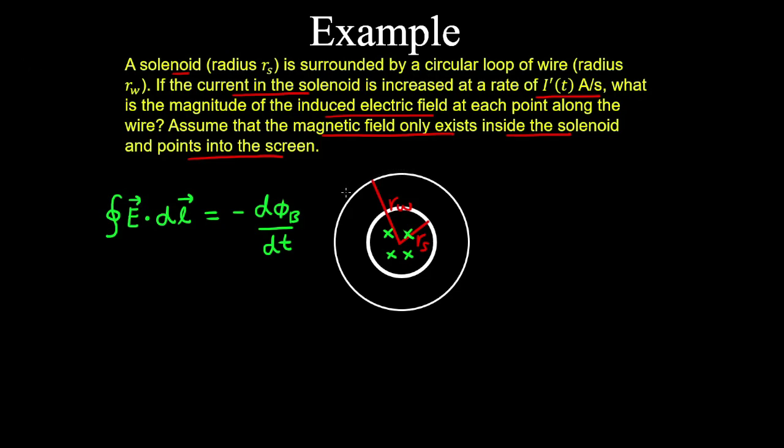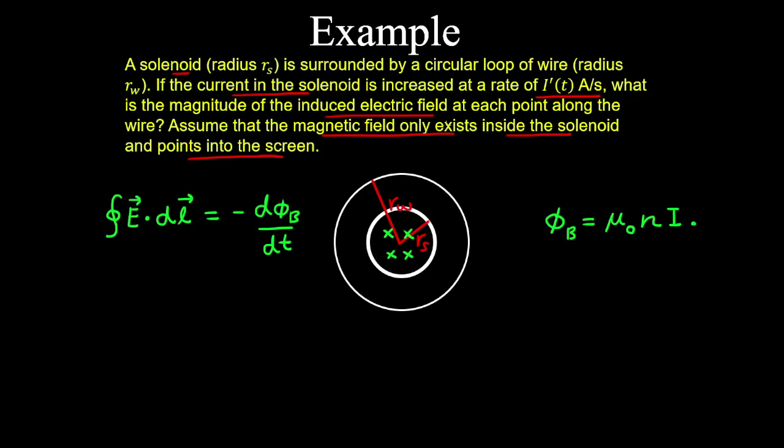So the magnetic flux through this loop of wire is equal to the magnetic field created by the solenoid, which is the magnetic permeability, by the number of turns in the solenoid per unit length. So we're only looking at a circular wire, so that's why we use the number of turns per unit length, as we want the magnetic flux through the thin loop of wire. And that's multiplied by the current in the solenoid, and we multiply this by the area through which it's acting.